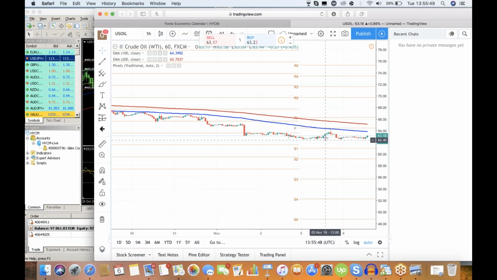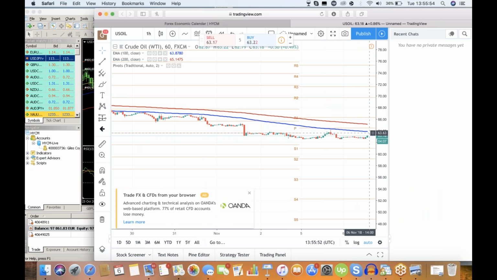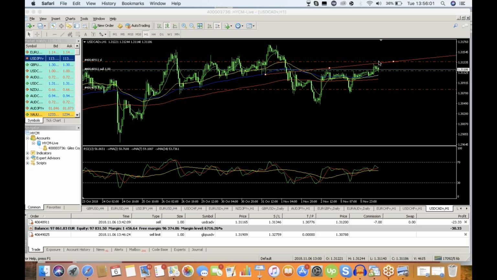You can see it's appreciating here, and then you'd be looking here at the 64 level, at the 100 exponential moving average, and that will give you an indication of what's happening nearer term with the US dollar Canadian dollar pair. That's a fairly sensible place to find.